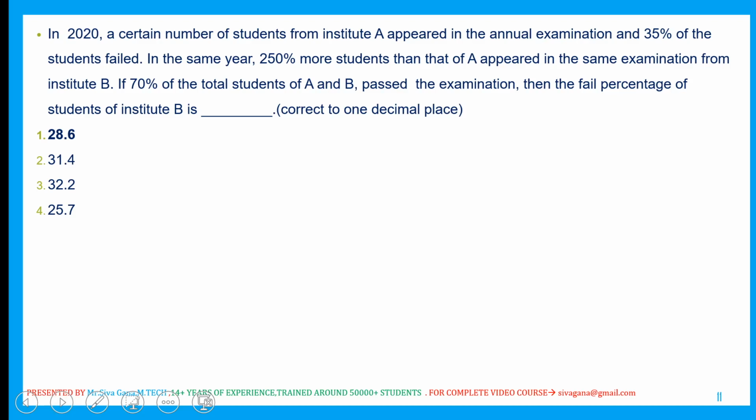In 2020, a certain number of students from Institute A appeared in the annual examination. 35% of students failed.